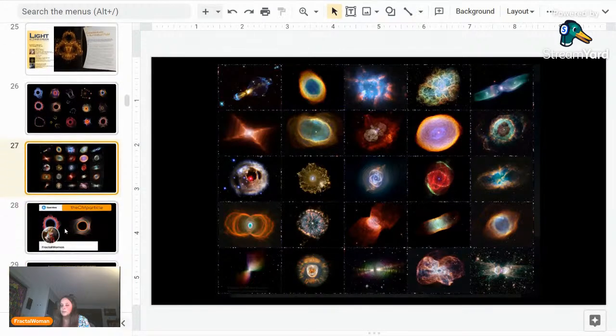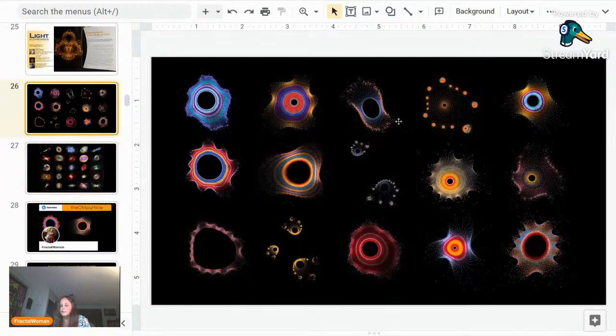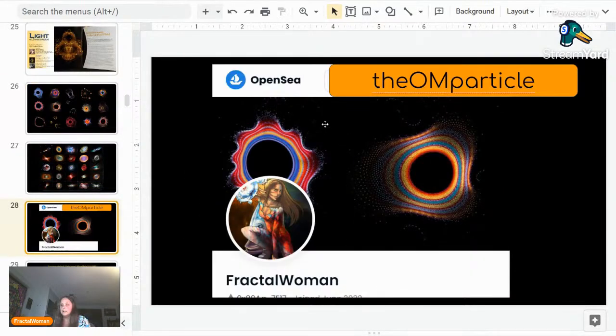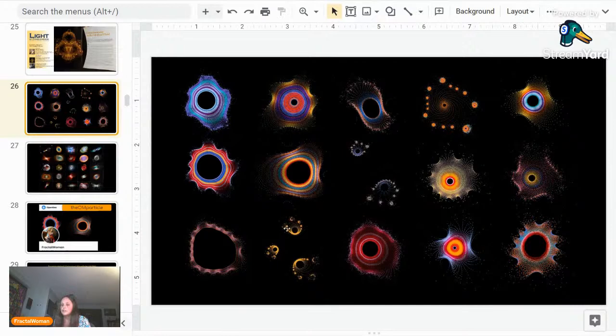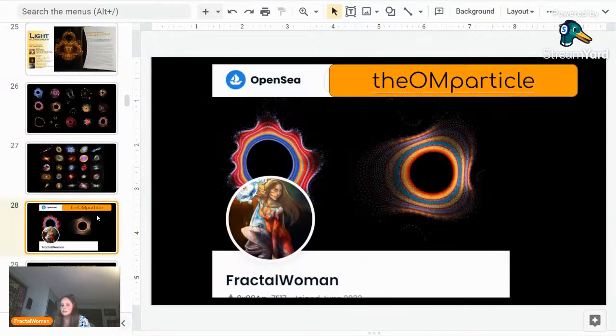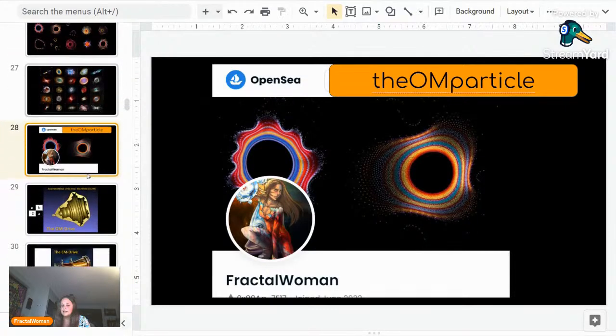If you want to find out more about these, you can go to OpenSea, and look up the ohm particle on OpenSea, or look up FractalWoman OpenSea. You will find my nebula-looking ohm particles up there, for sale, obviously. But it's like a little art gallery. You can check these out if you want to on OpenSea.